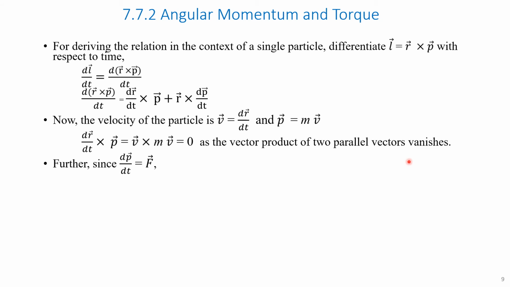Further, in equation 1 we have dp/dt. The differential of momentum, dp/dt, is force, the force vector F. Therefore, the second term in equation 1 can be written as r cross dp/dt = r cross F, and r cross F is torque τ by definition.